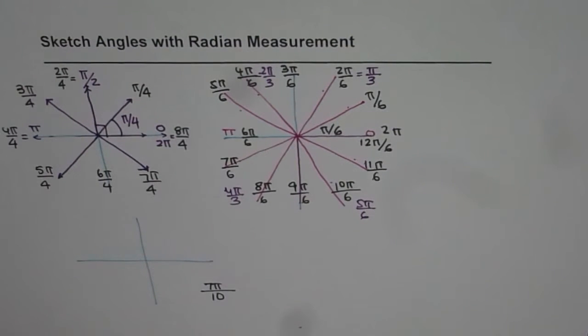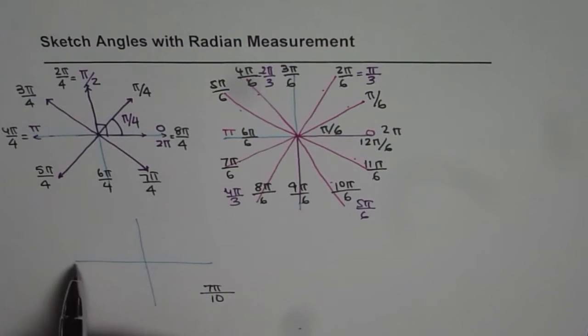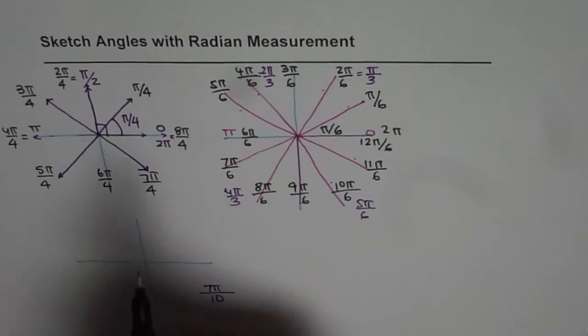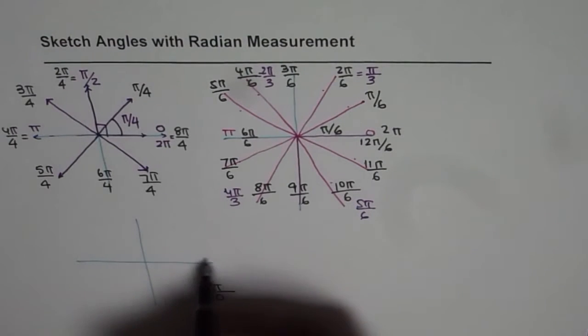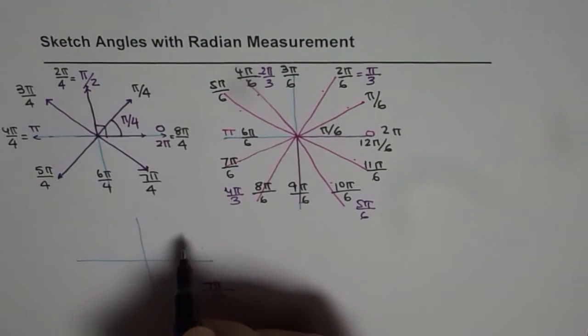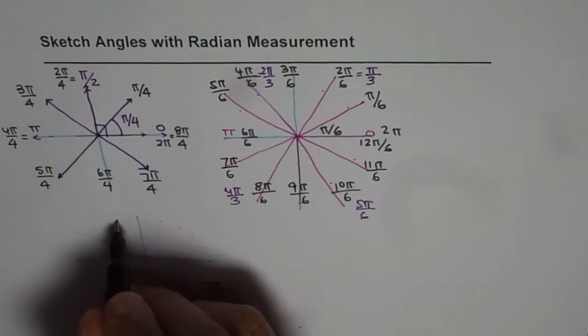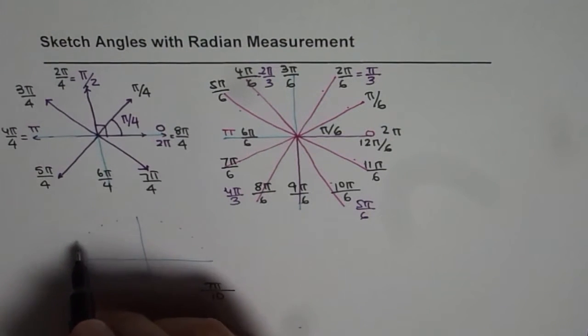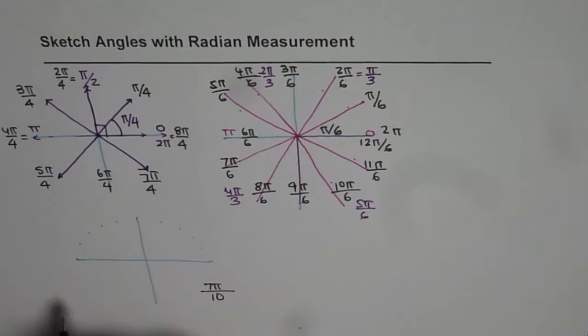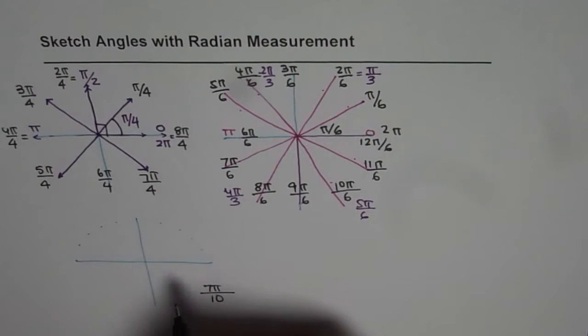How are you going to draw it? 7 pi by 10 really means this pi should be divided into 10 equal parts, right? So 10 equal parts means 5 in each quadrant, right? So we can have 1, 2, 3, 4, 5, correct? 6, 7, 8, 9, 10. So these are my 10 equal parts.